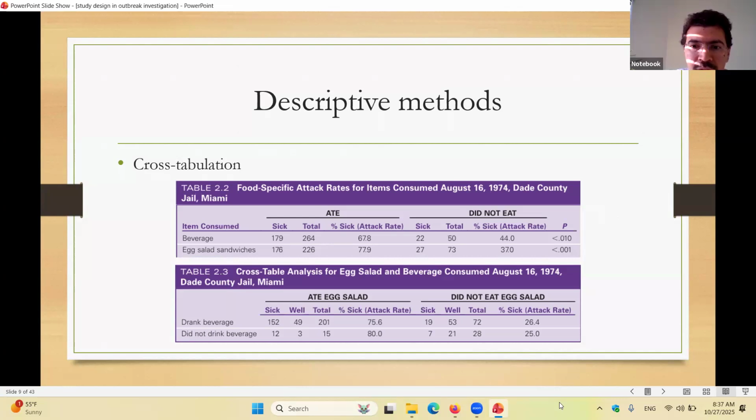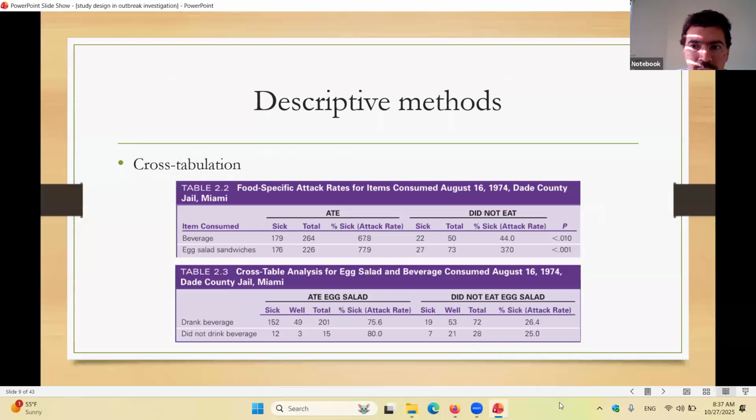So we can find the main source of this outbreak, and it is egg salad and sandwiches. It is the main source of the mentioned outbreak.